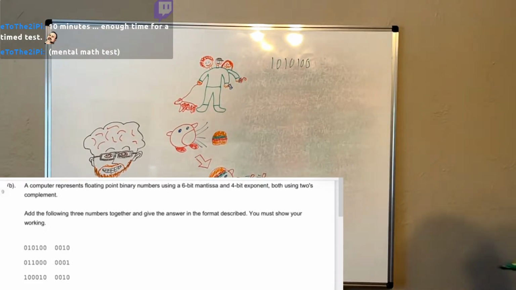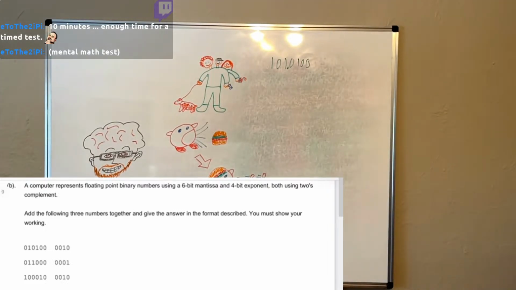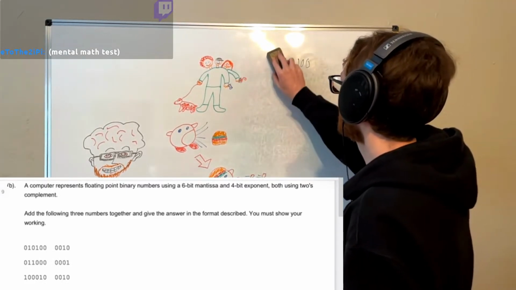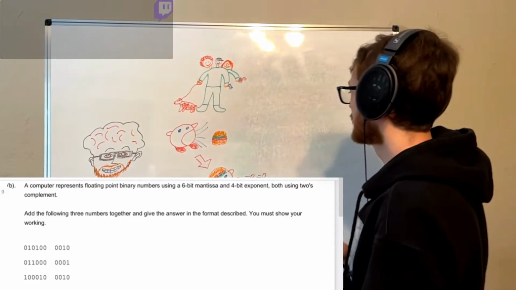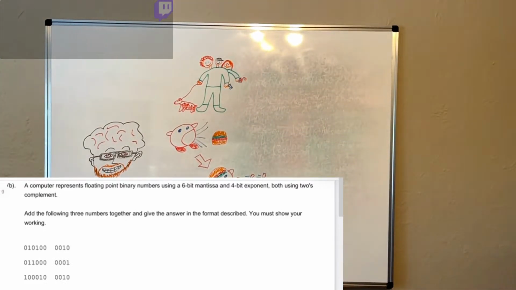Move the decimal to the right twice. Oh wait, if there is an implied leading 1, that 0 is the sign bit. Not enough time for... Yeah, exactly.